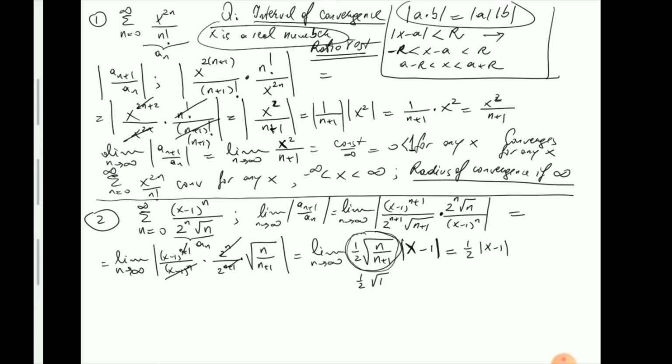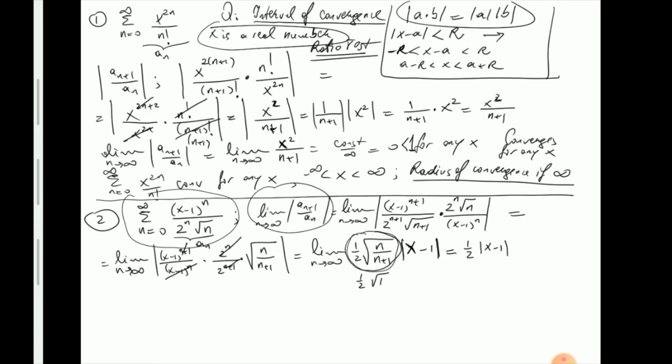What we just did, we applied the ratio test. And in the process of the ratio test, we figure out the limit. And the limit in this case is going to be 1/2 absolute value of x minus 1. So the limit in the ratio test is expected to depend on x, because after all, your series depends on a real number x, which is part of the power series definition.